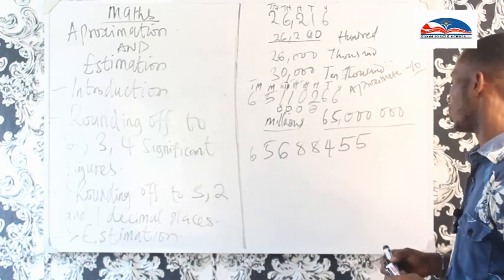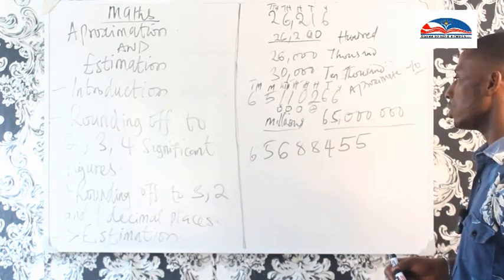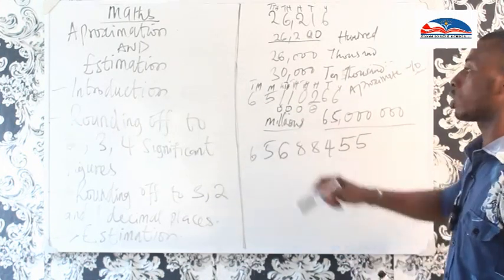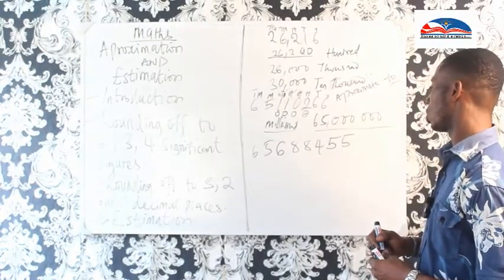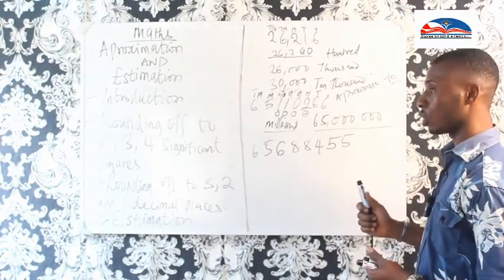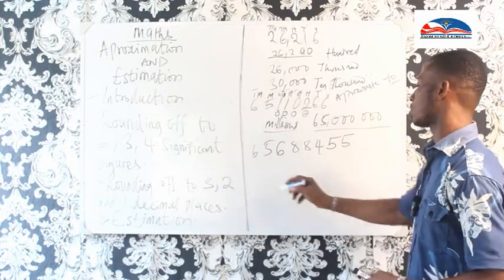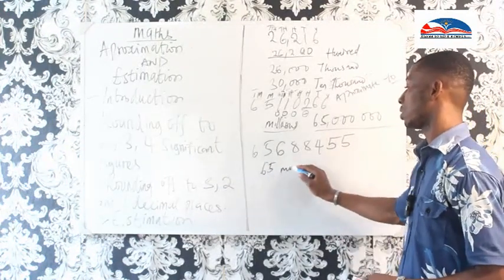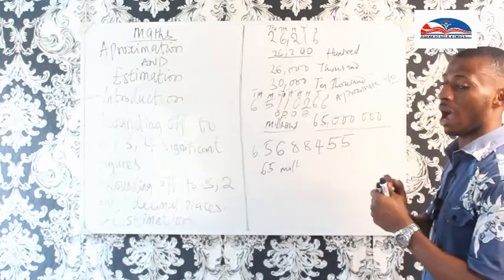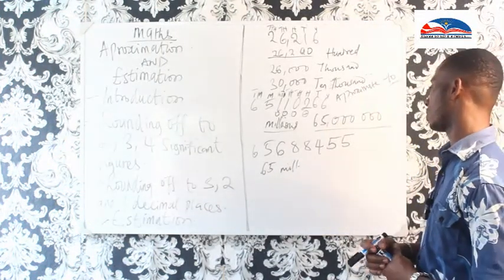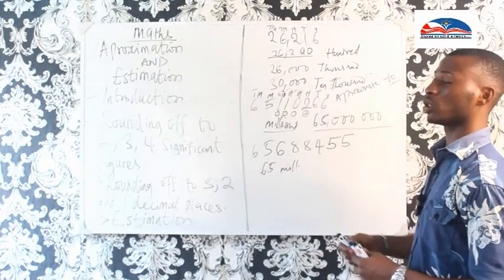Well, now what do we do? We want to approximate it to millions. So let's count the number of zeros that makes millions. Say 6. 1, 2, 3, 4, 5, 6. So we're expected to have like 65 million. But let's be confirmed if we are going to have 65 million. Now we have 5, which is 5.